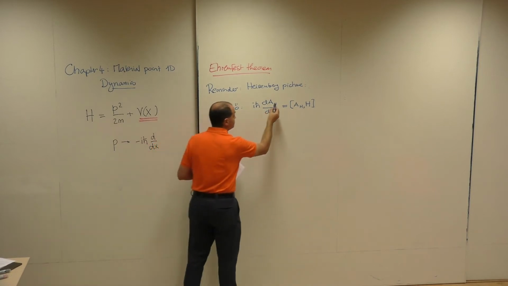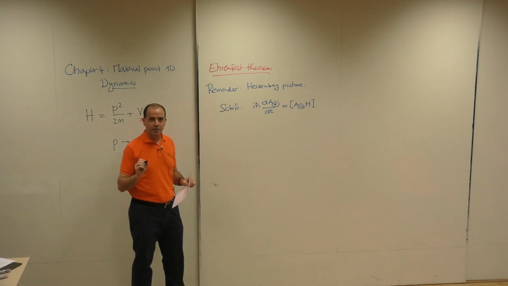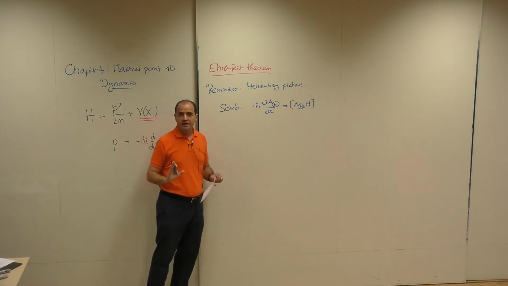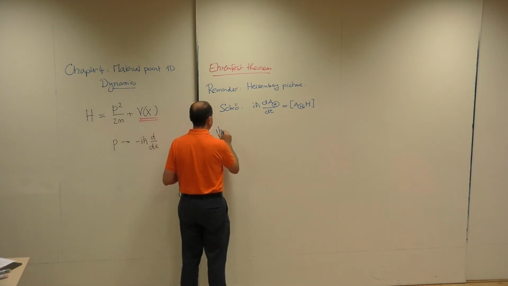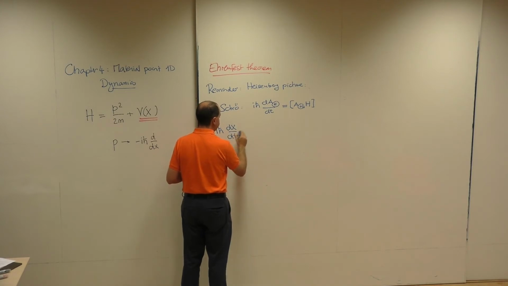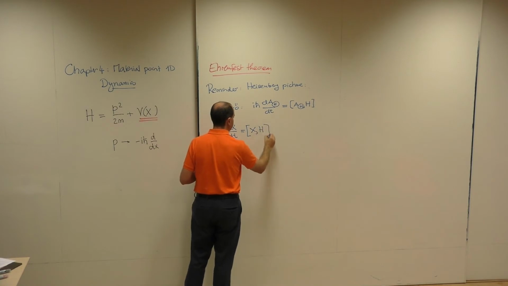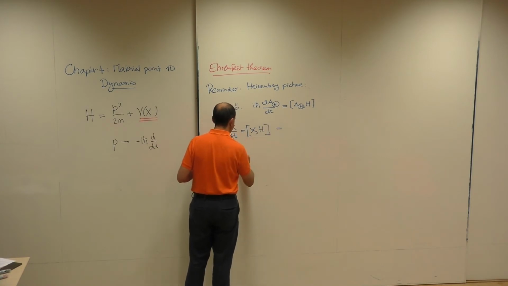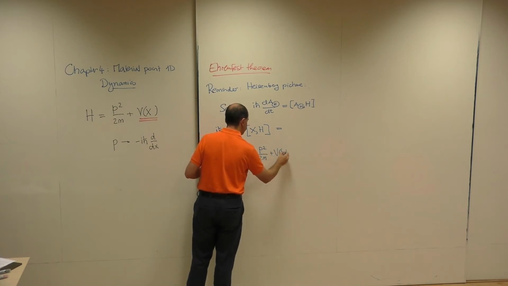I will drop this index that says Heisenberg, so please remember that position and momentum in this calculation will be done in the Heisenberg picture. So, iħ dx/dt is the commutator between x and the Hamiltonian. What is the Hamiltonian? It is p squared over 2m plus V of x.